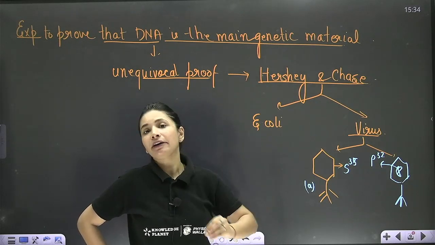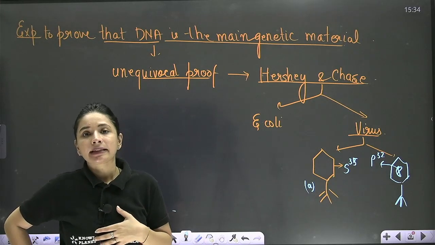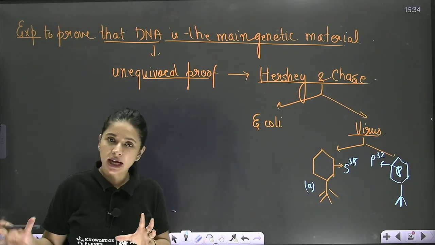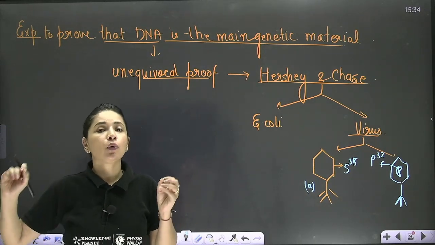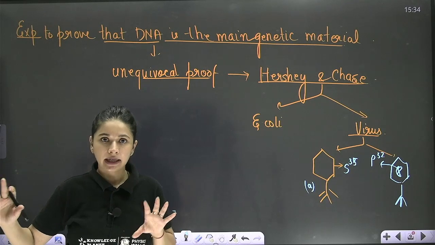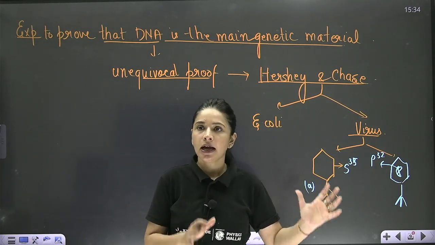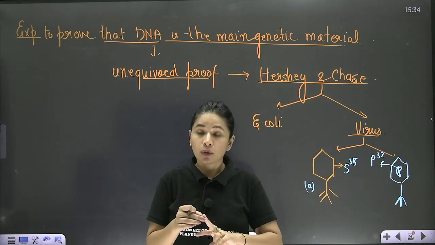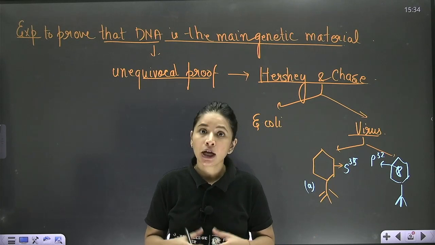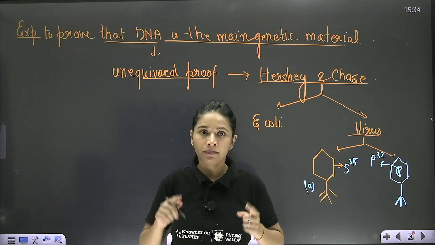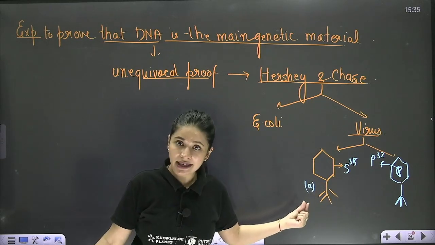Now, there's one very huge concept: whenever a bacteriophage virus attacks a bacteria, its genetic material only goes inside. Otherwise, the remaining portion apart from the genetic material stays outside. Now, suppose if protein is the genetic material, then sulfur S35 will go inside.